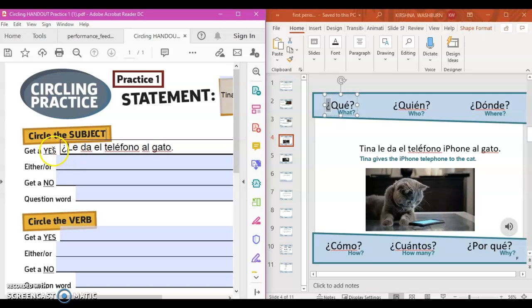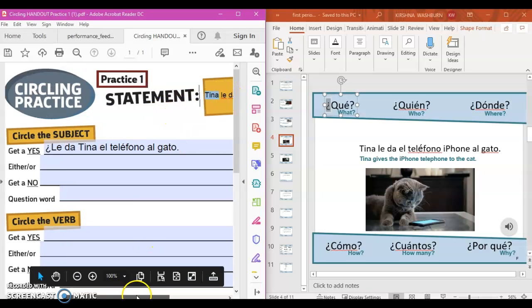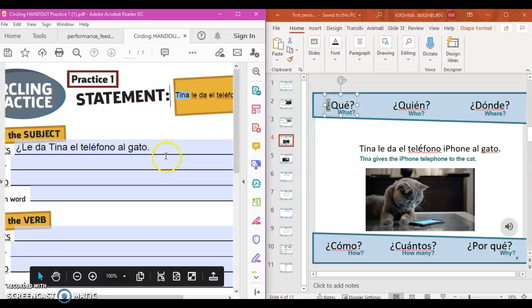So there we go. We have our verb first, then we have to put our subject. And the subject for this question is Tina. We know that by the statement that we started up here. The statement we started with was Tina gives the phone to the cat.